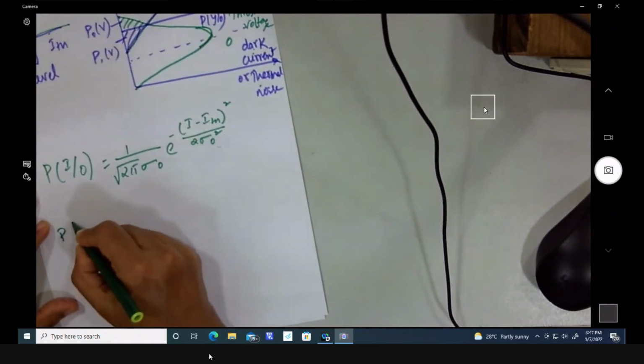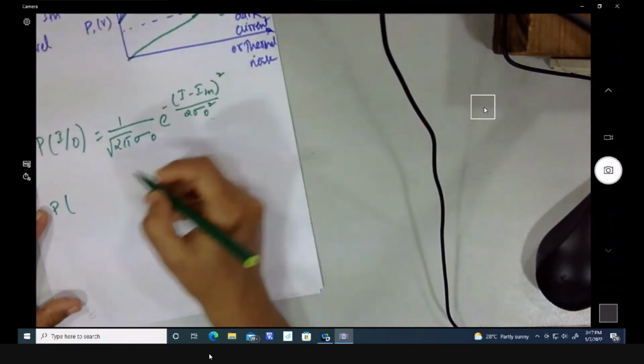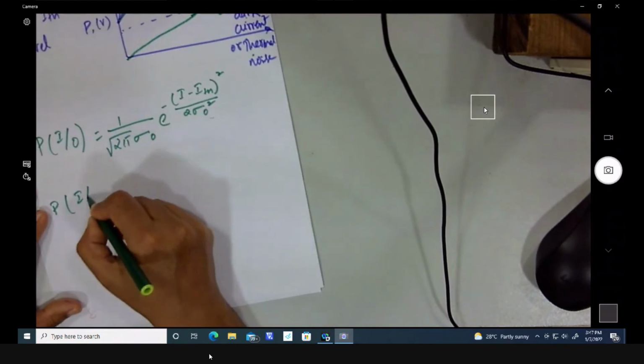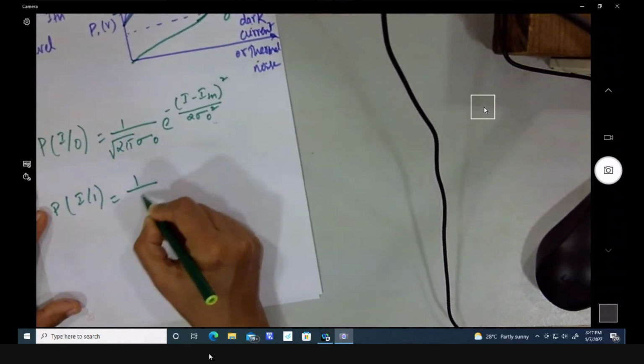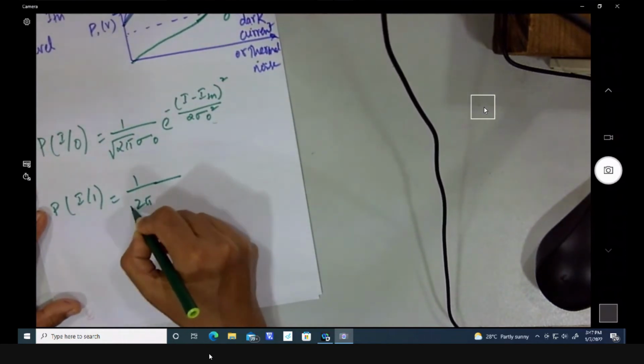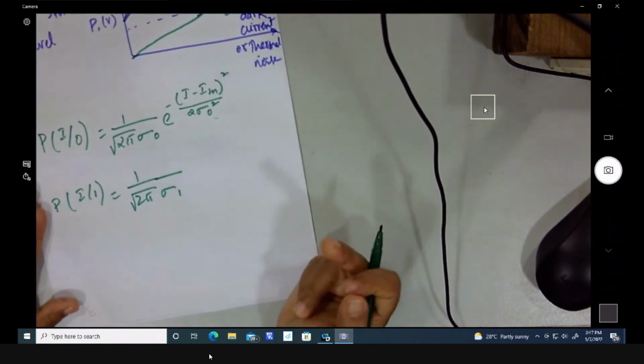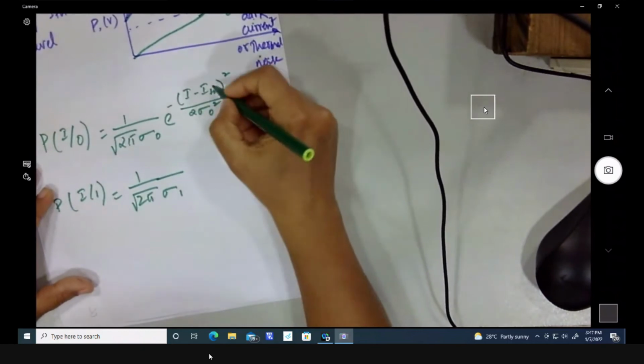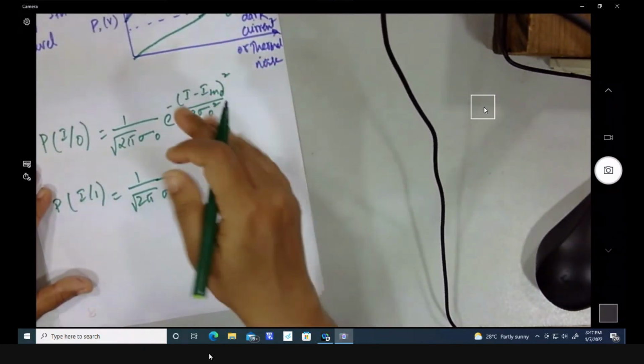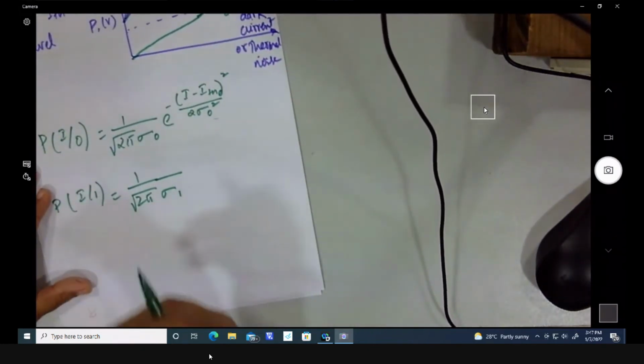And similarly, if you want to do it for I of 1, then it will be given by 1 over root 2 pi sigma 1. The standard deviation and the variance will be different, and the mean value will also be different: 0 for 0 bit transmission, 1 for 1 bit transmission.